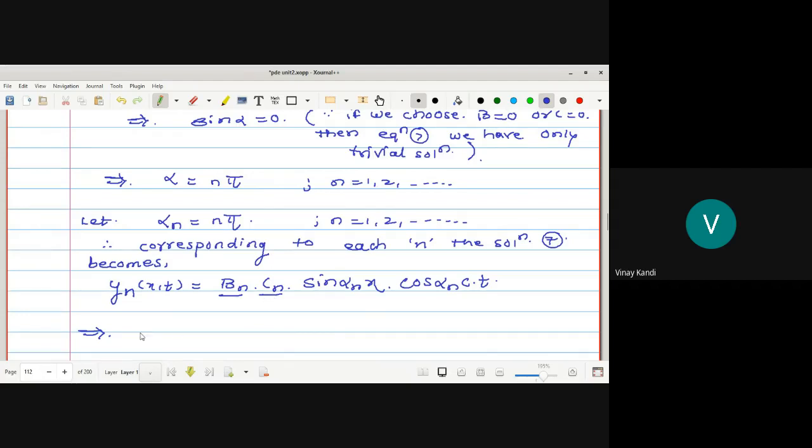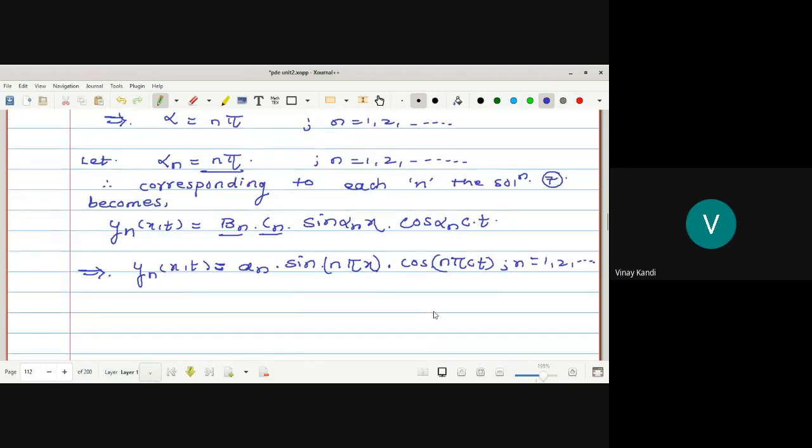So we write y_n of x t is equal to a_n, where a_n is the product of b_n and c_n, into sin n pi x into cos n pi c t, with n running from 1 up to so on, and where a_n is equal to b_n into c_n.